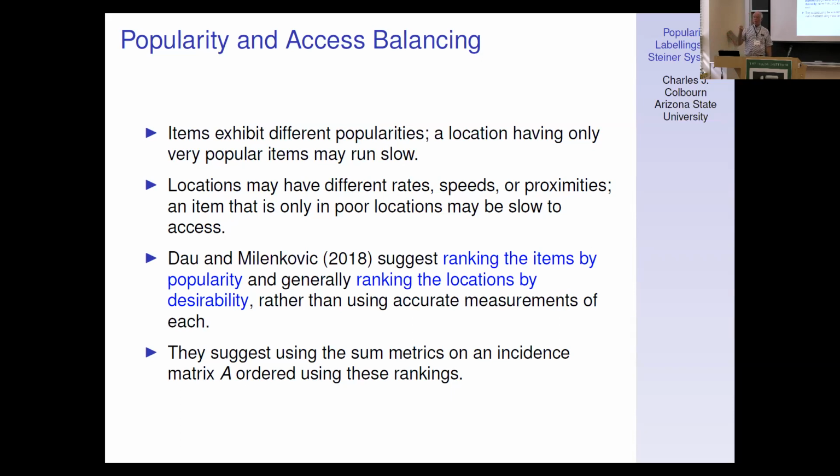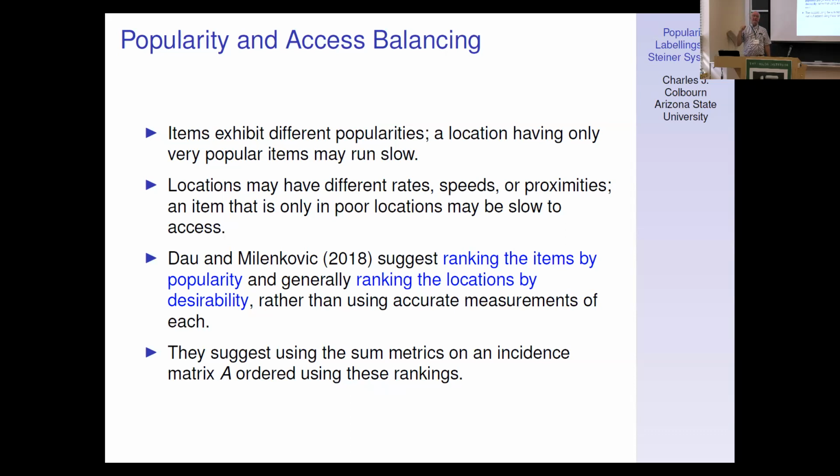So Dow and Milanković in 2018 wrote a paper in SIAM Journal on Discrete Mathematics where they identified these problems with popularity, pointed out that dealing with actual popularities is really difficult. So what they suggested is, well, let's rank the items by popularity, rank the locations by desirability, and instead of worrying about the actual numerical values for popularity, let's just use the ranks.